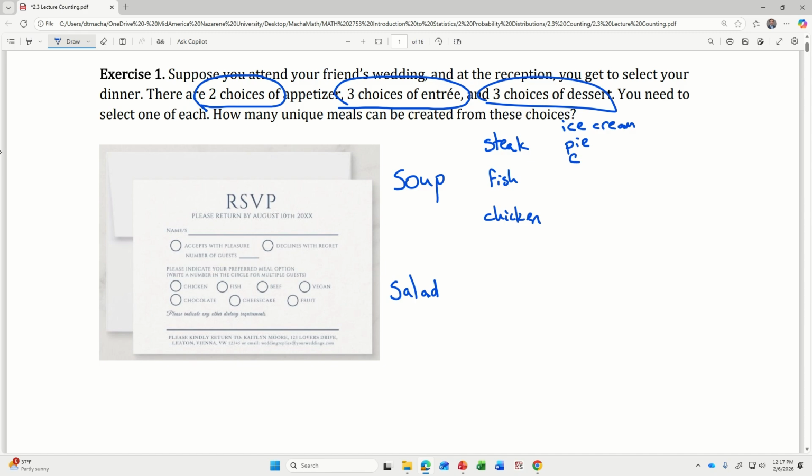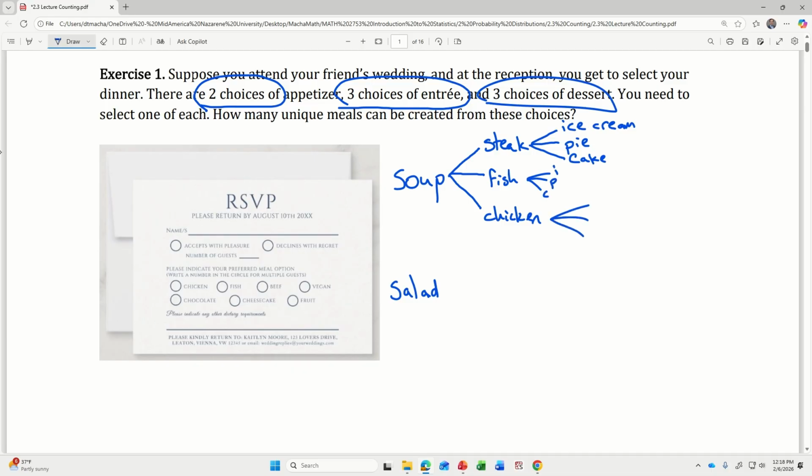Okay, so the way you can think about this is like, if I choose soup, I could choose either steak or fish or chicken next. And if I choose steak, I could then choose ice cream or pie or cake. But I also have the same three choices if I chose soup and then fish.